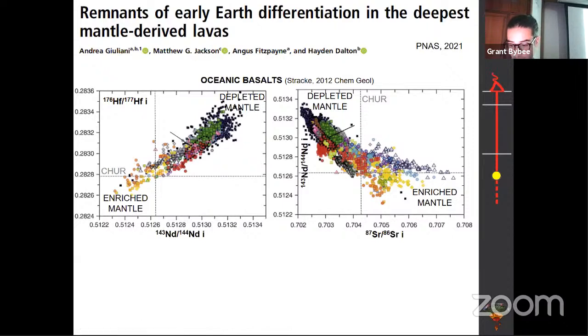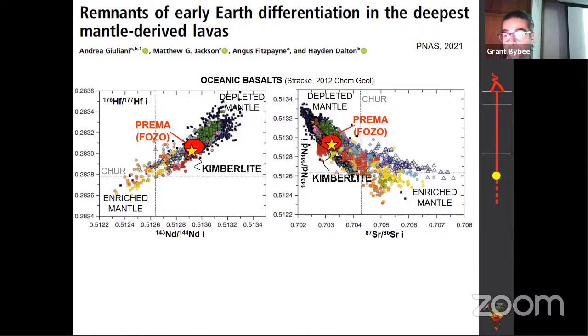It's been well known for over 30 years that ocean basalts from a given island chain have compositions that trend towards a common end member that is called PREMA or FOZO. This is generally considered to be a fundamental component in the Earth's mantle. And perhaps not as surprisingly, the depleted kimberlite component that I showed you before perfectly matches, or is within the range of, this PREMA prevalent mantle or FOZO focal zone composition.